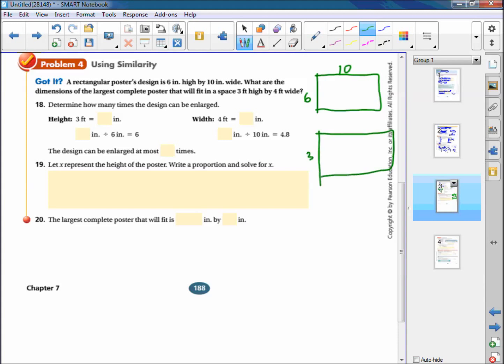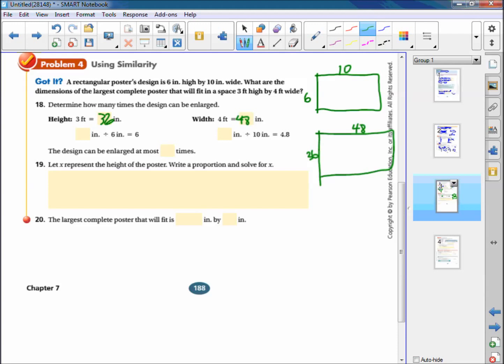So we want ours to fit in a 3 feet by 4 feet. All right, so 3 feet is actually, well, let's see what they're doing in the problem first. So 3 feet is 36 inches. So that's 3 times 12 for 36 inches. And 4 feet is going to be the same as 48 inches.